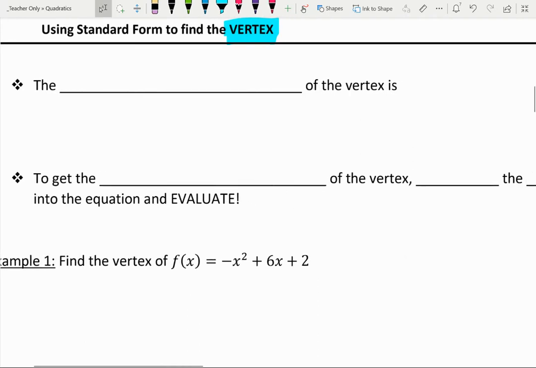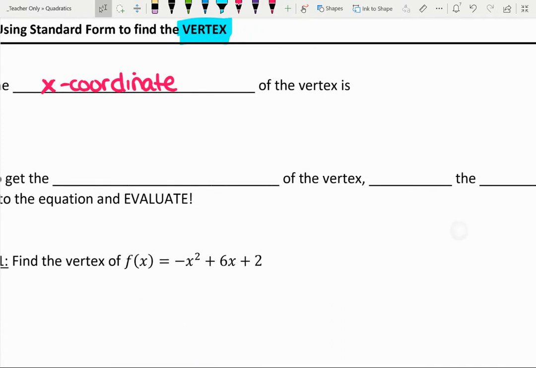There is actually a formula we're going to use. First, to find the x-coordinate of the vertex, that formula is x equals negative b divided by 2 times a. Those a and b values come from our standard form equation.